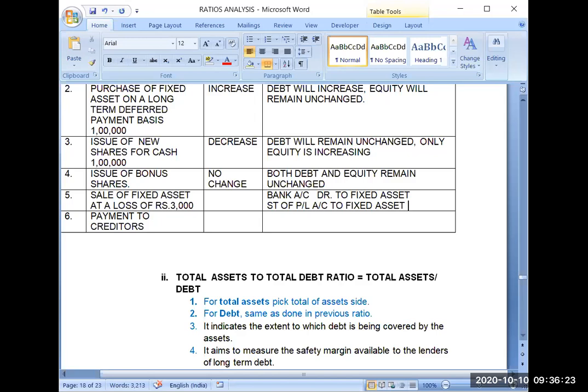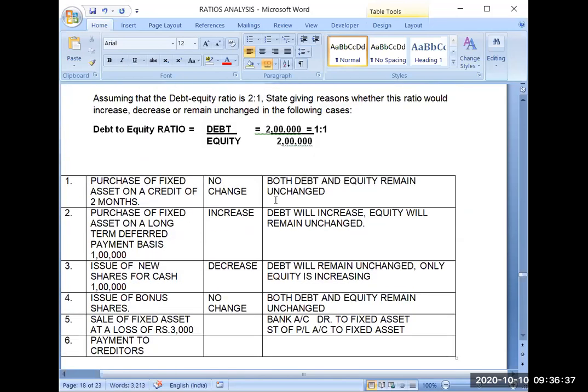Now when you are having a loss, what will happen? Your equity will decrease because of this loss, so the value of equity will be decreasing. Your numerator is not changing, your denominator is decreasing. And when only the denominator is decreasing, then this ratio will get increased.